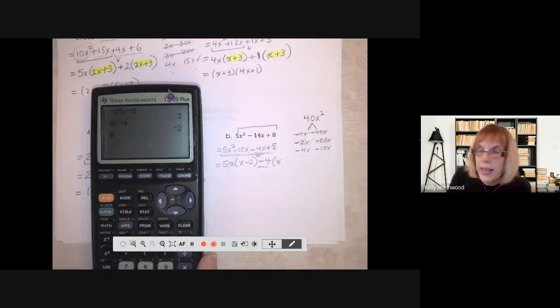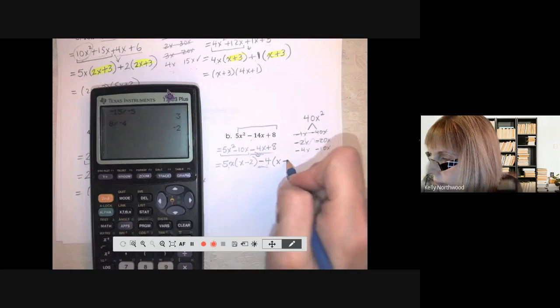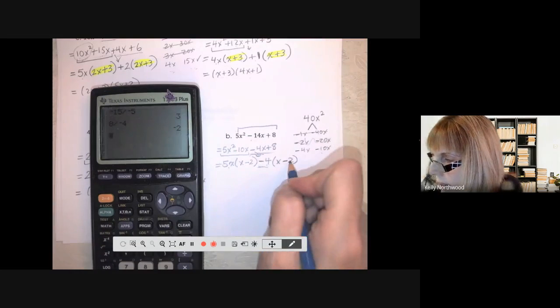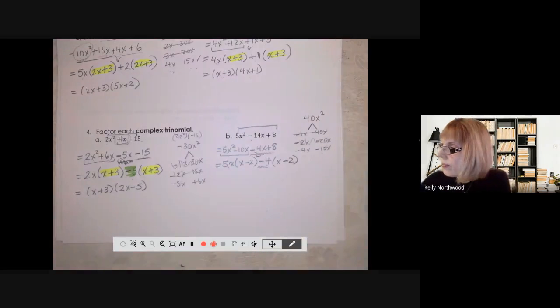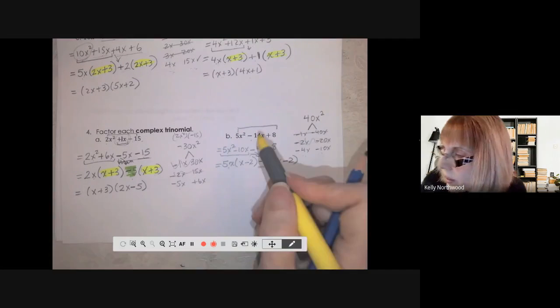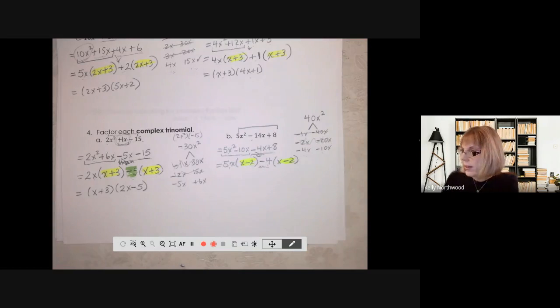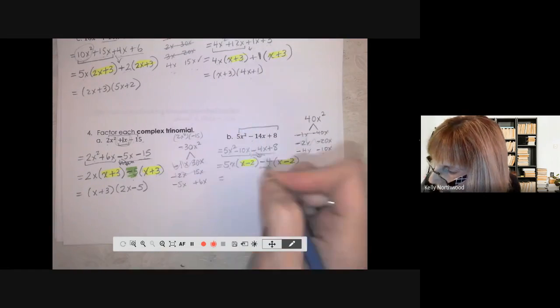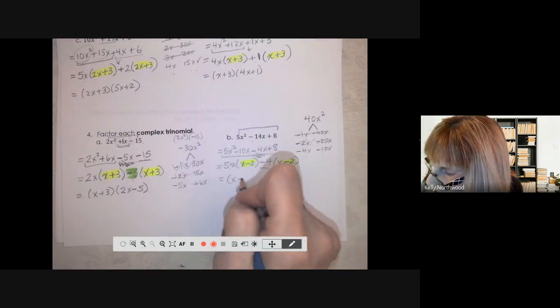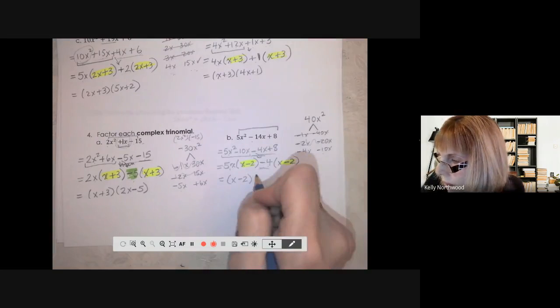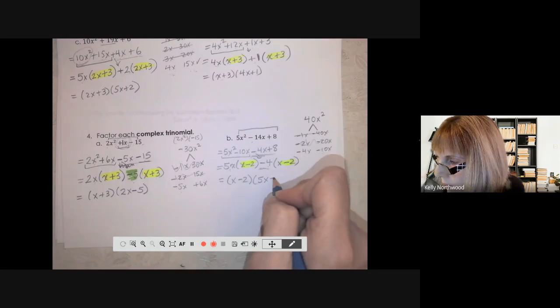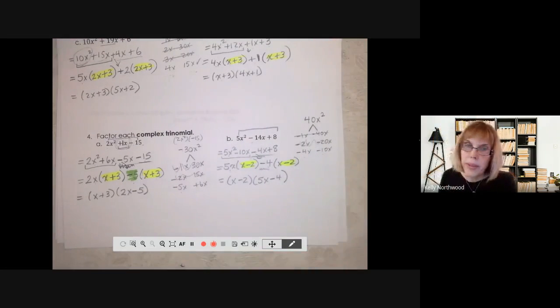And that gives you negative 2. Negative 4 times negative 2 is positive 8. And then you look at your binomials and you realize that they're the same. And you get all excited. So there's your common binomial, and the leftovers 5x minus 4 form the other factor.